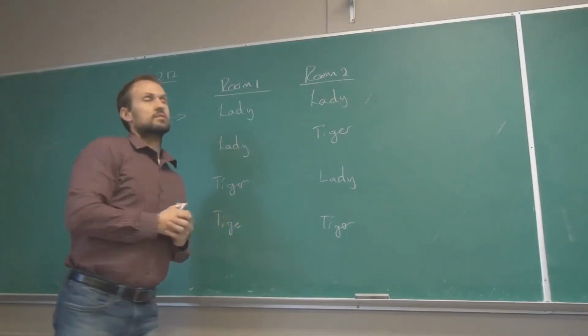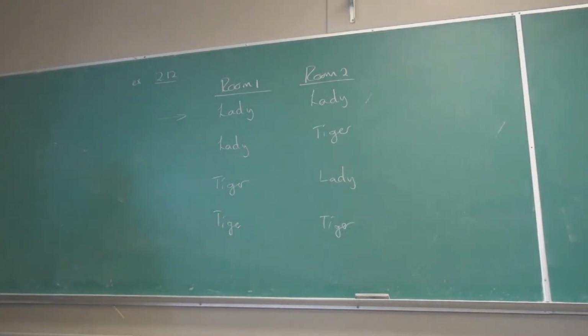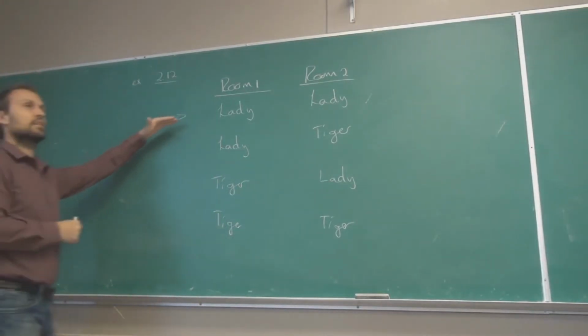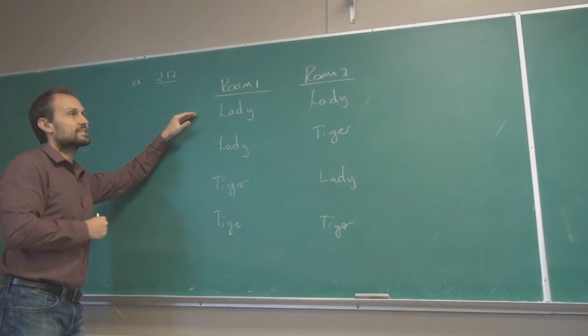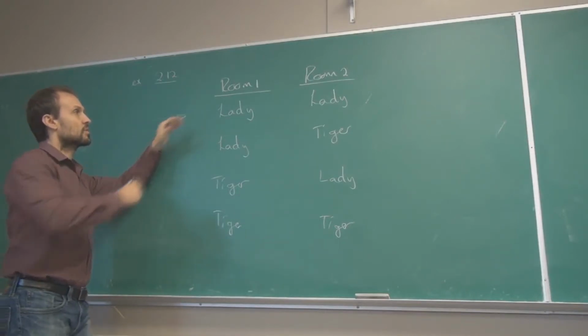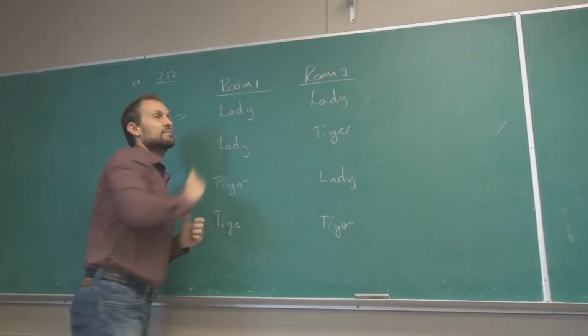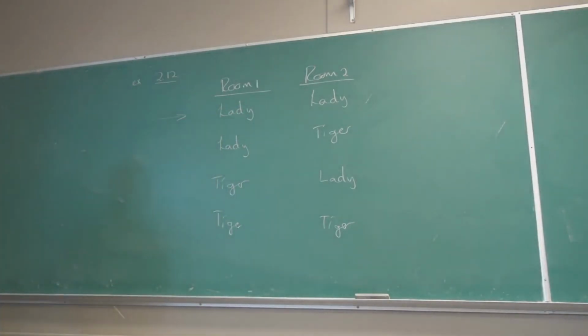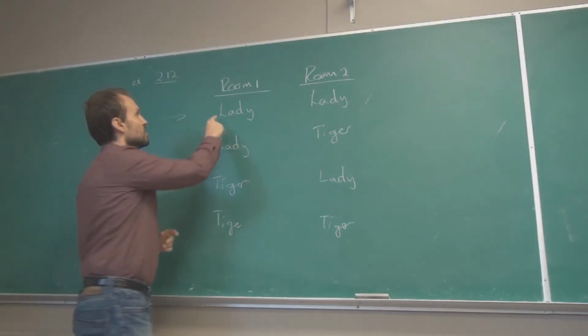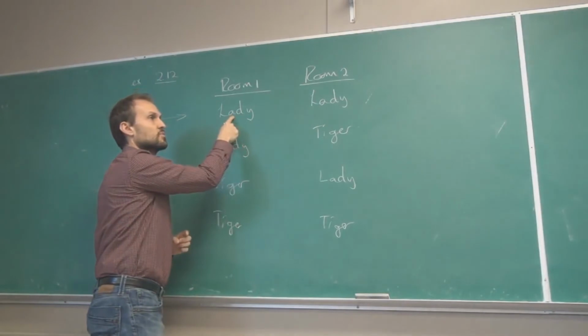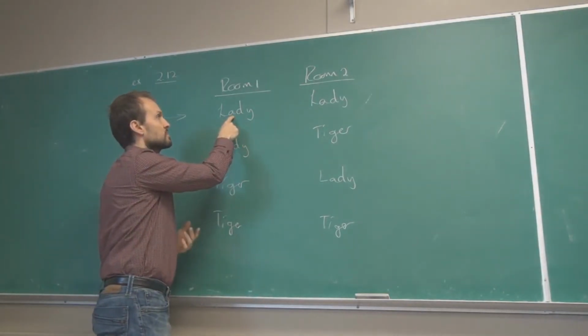So now I have to consider, is this scenario possible? Now the rules that the king said were, if there's a lady in room 1, whatever the sign says, the king says is true. So I know that in this scenario there's a lady in room 1. I'm considering if that's possible.